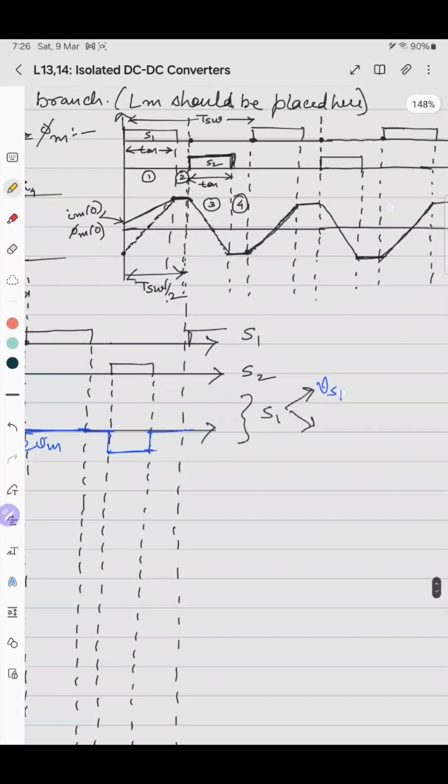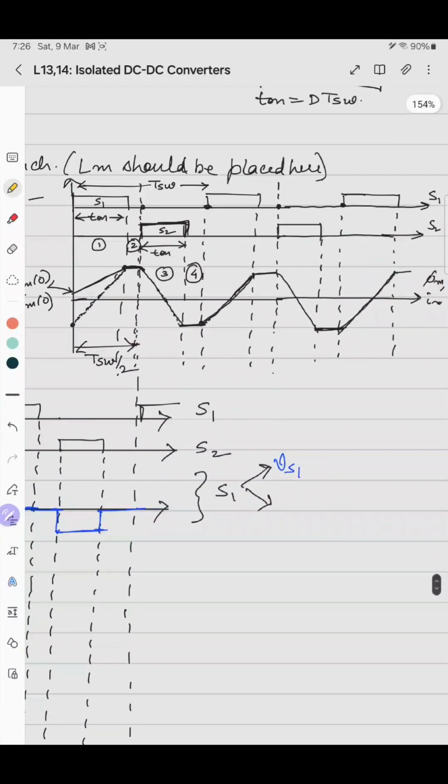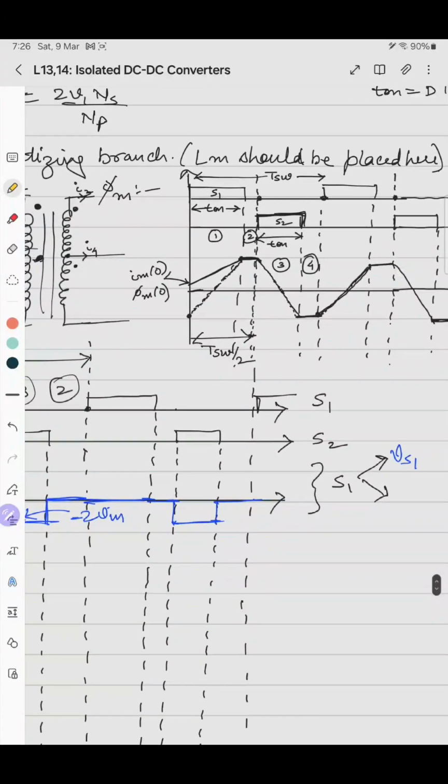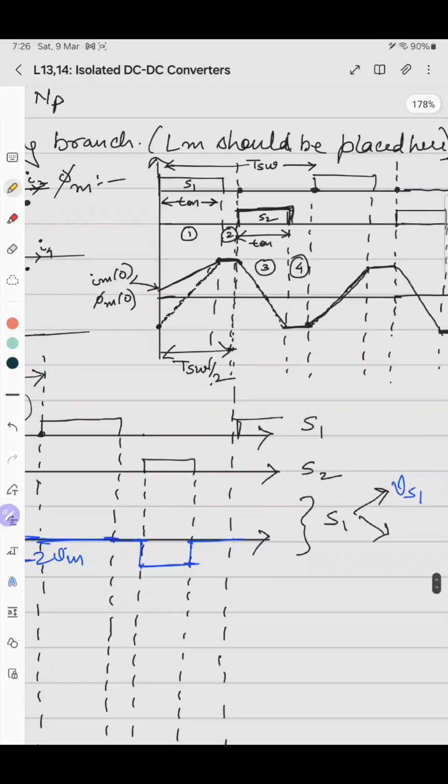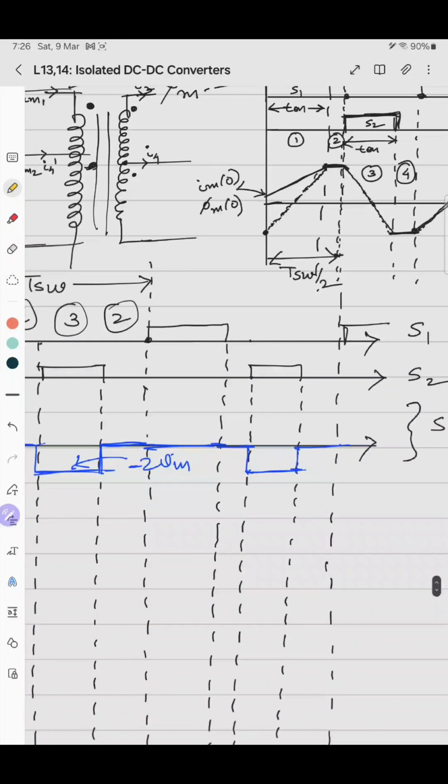Here we have already done the analysis of the IM current or phi m. So we'll see IM, the overall magnetizing current. This is the waveform of IM. We'll take the reference of IM and then we'll get the relation between the input current or the switch current. So in case number 1, IM was positive, it was rising.